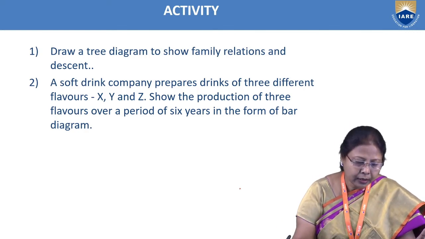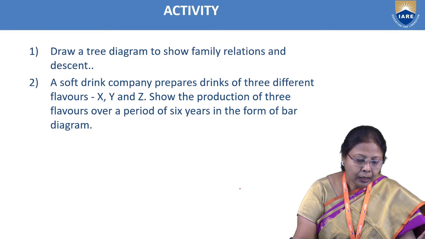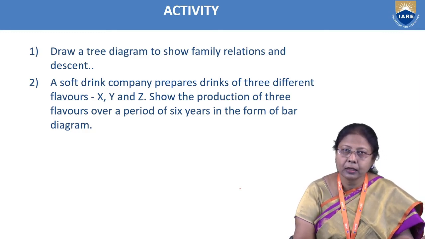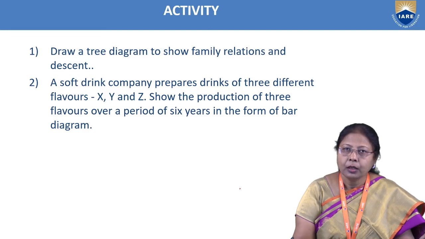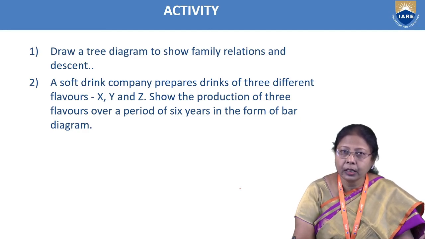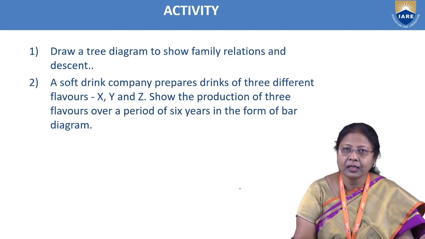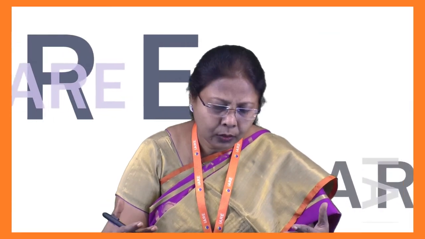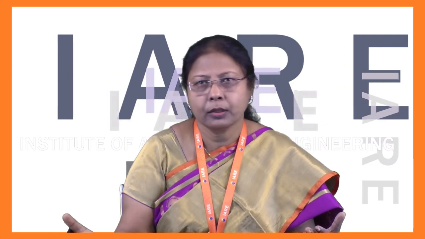The next question: a soft drink company prepares drinks in three different flavors, X, Y and Z. Show the production of the three flavors over a period of six years in the form of a bar diagram. You can convert even this question into a flow chart, no problem.